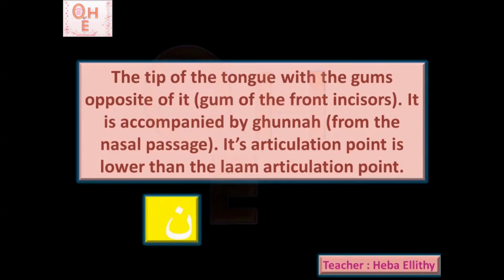Let's see this in English. The tip of the tongue with the gums opposite of it, the gums of the two front incisors. It is accompanied by ghunna from the nasal passage. Its articulation point is lower than the lam articulation point.